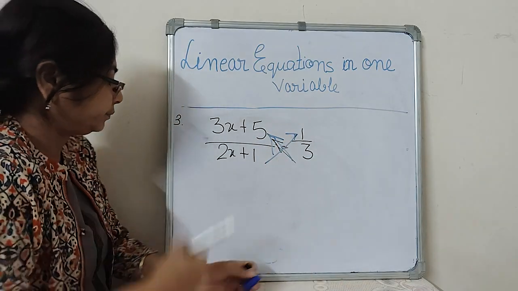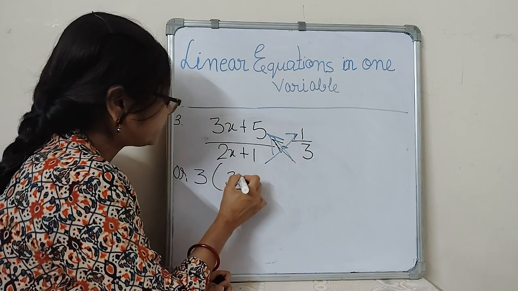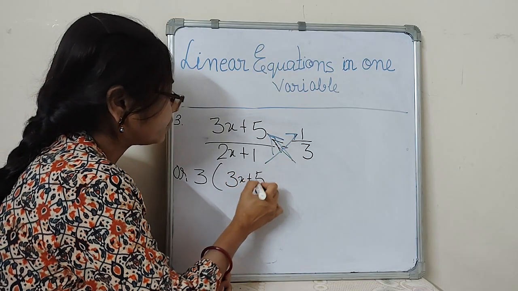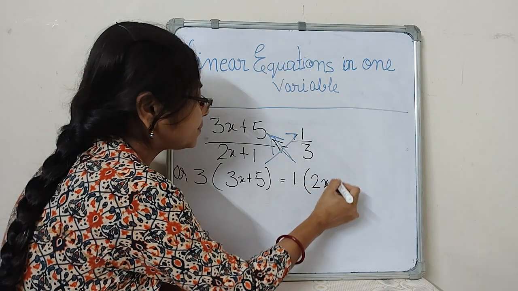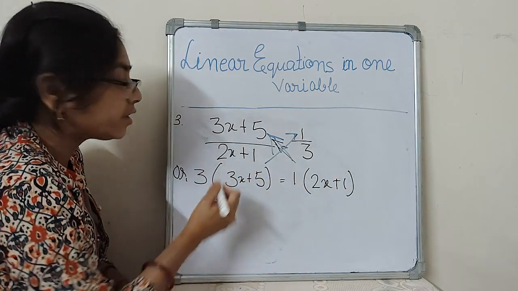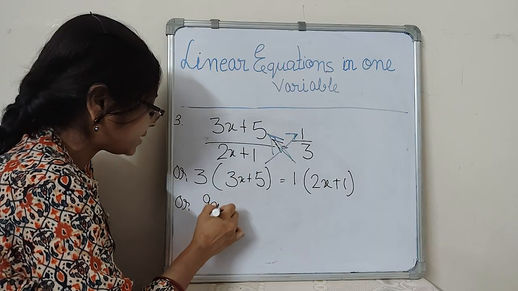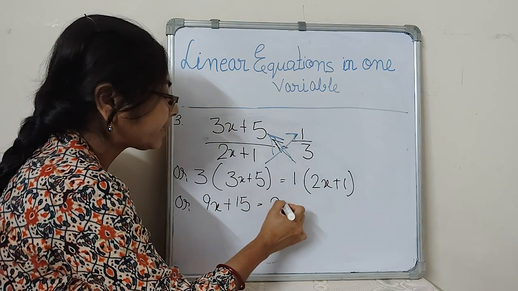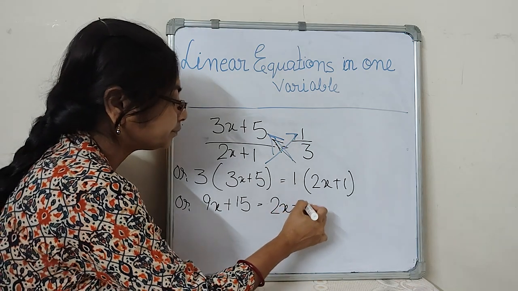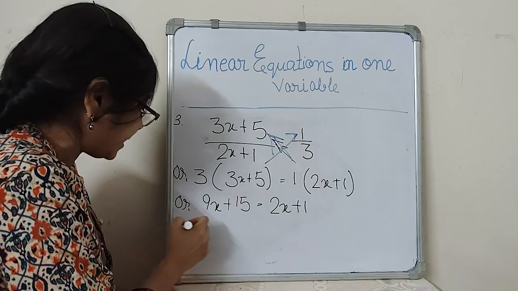Then 3 into 3x plus 5, equals 1 into 2x plus 1. 3 into 3x means 9x. 9x plus 15 equals 2x plus 1. Then what are you doing? The x part, the variable part, on one side.